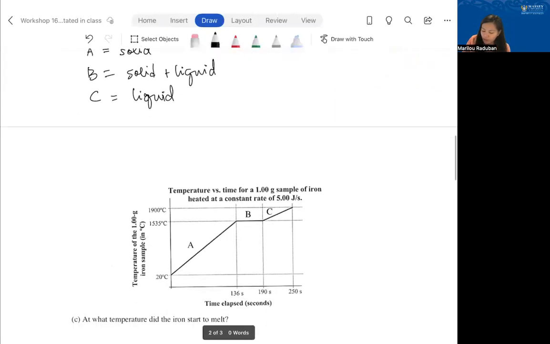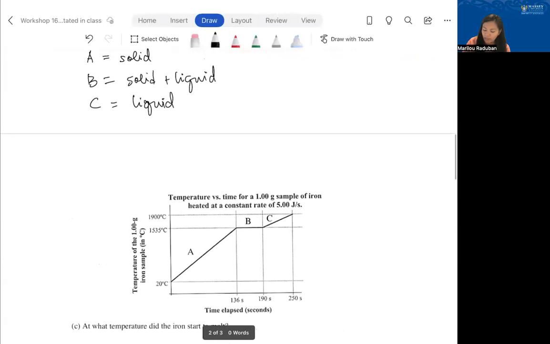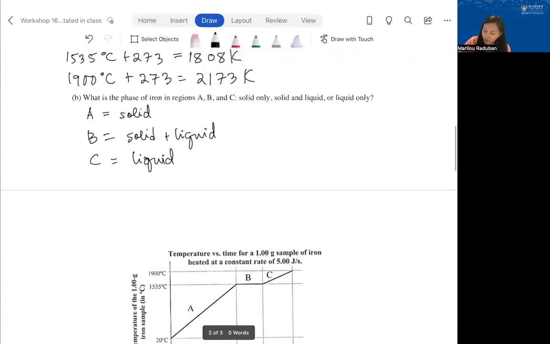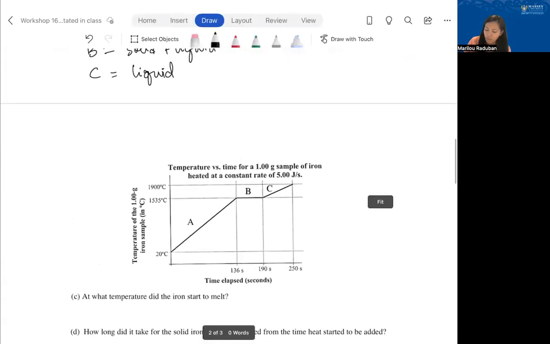The next question: at what temperature did the iron start to melt? Meaning, what is the melting point of iron? By analyzing the graph from the previous question, at section B iron is undergoing phase change, and the temperature remains at 1,535 degrees Celsius.